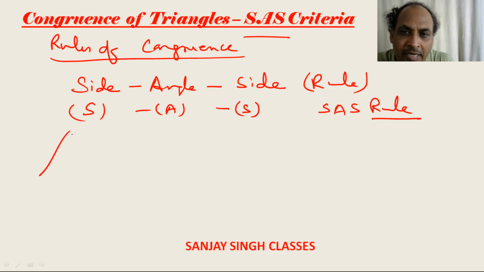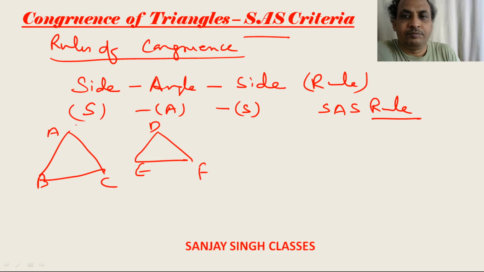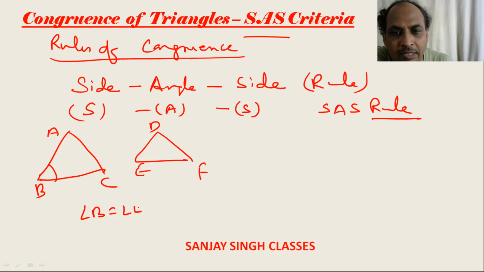Now if two triangles, again ABC and DEF are two triangles, and in this, if an angle B is equal to angle E, the corresponding angle.